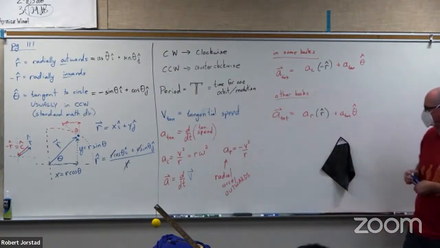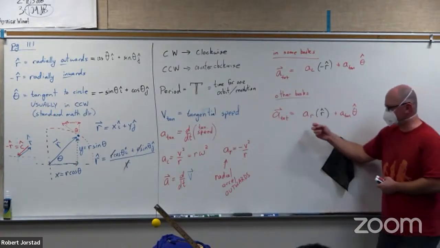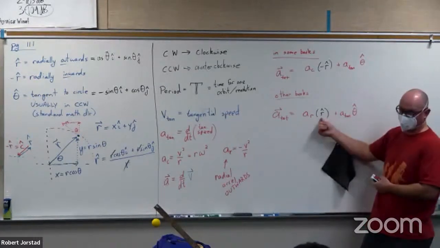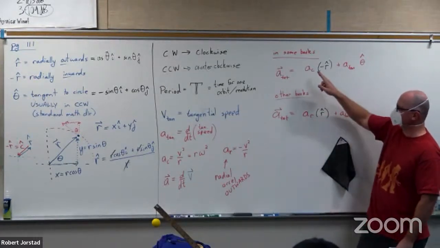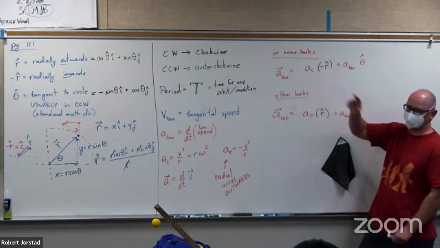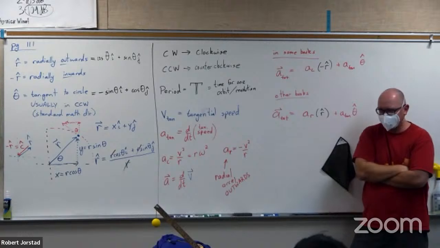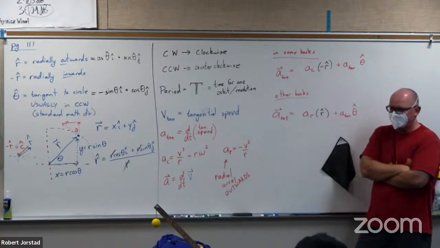Okay. In some books, they'll use the symbol AR, and then you have to put the minus sign in because they call it plus R hat. In other books, they'll say AC in the minus R hat, so the minus is already there for you. Did that make any sense at all? It's just different notations, different books.